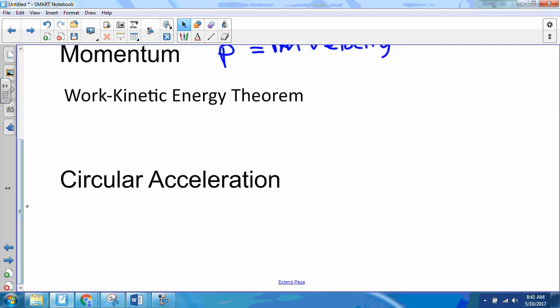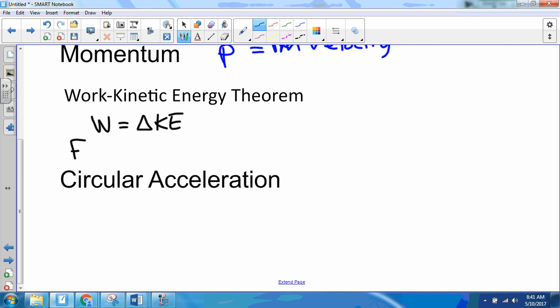Okay, the work-kinetic energy theorem. The work-kinetic energy theorem states that the work is equal to the change in the kinetic energy. Another way of writing it is force times distance is equal to 1/2 m (v final squared minus v initial squared).